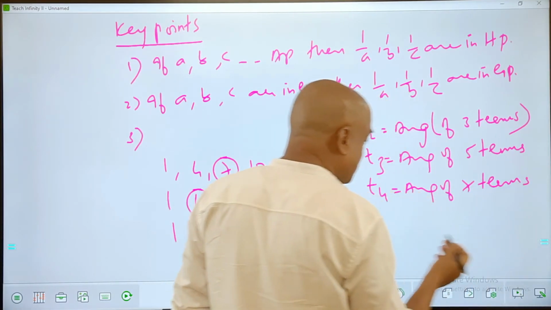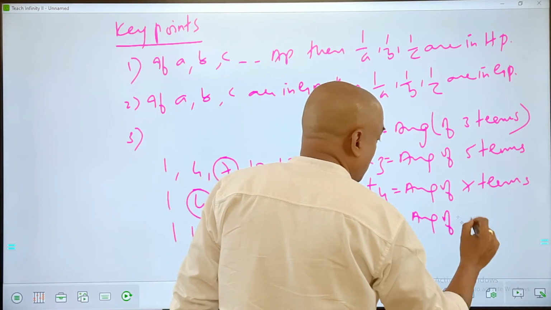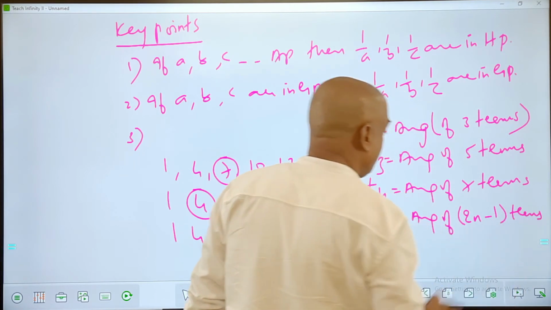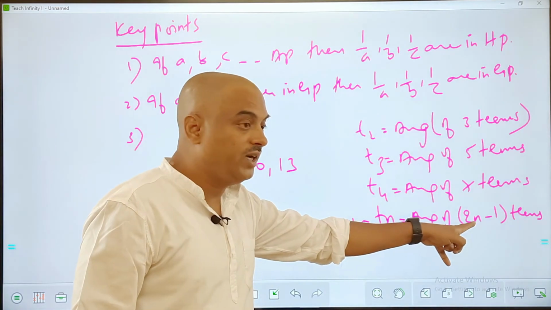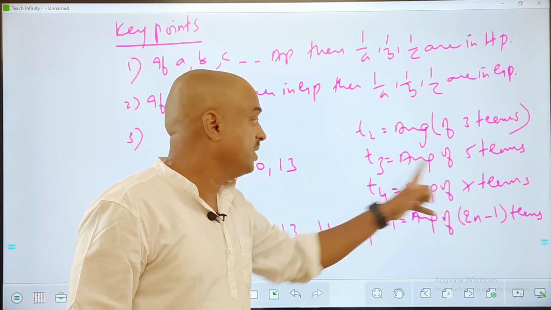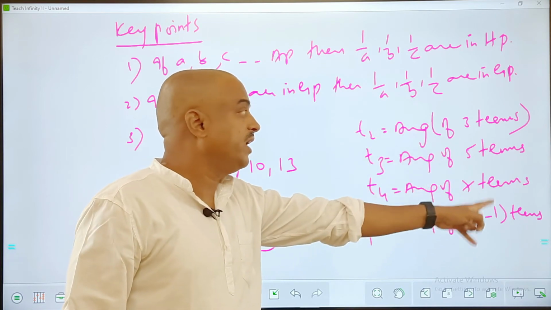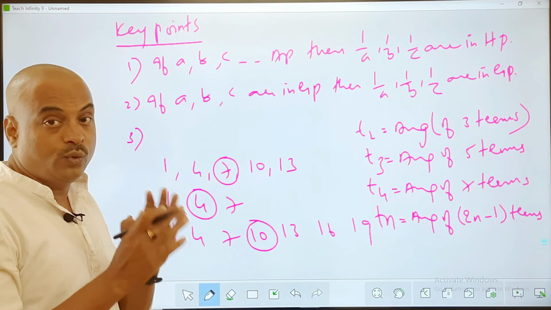So if I generalize this, I can say Tn will be an average of 2n minus 1 terms. Please observe. If I take 4 here, 4 into 2, 8, 8 minus 1, 7. If I take 3 here, 6 minus 1, 5. If I take 2 here, 4 minus 1, 3. So Tn is the average of 2n minus 1 terms.